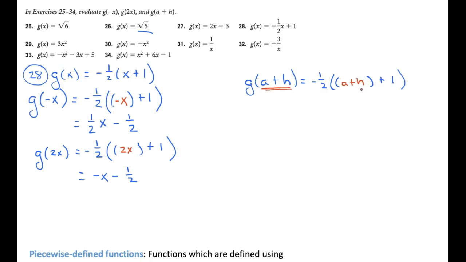Okay, it's in parentheses. You have to put it all in there together. So then I get -1/2 a minus 1/2 h, and then it's going to be -1/2 again, just like it has been each time. Minus 1/2. So you're distributing the negative 1/2 across the whole thing. Okay, so that is how you do those.